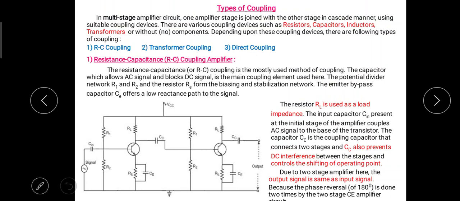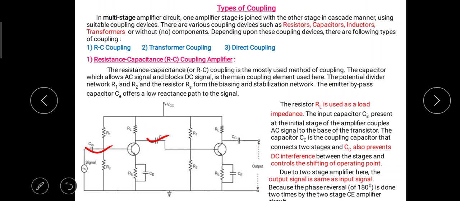Due to the two-stage amplifier here, the output signal is the same as the input signal, because the phase reversal of 180 degrees is done two times. When we apply input here, it appears at the output across its collector terminal with a phase shift of 180 degrees, and the same happens with this amplifier.